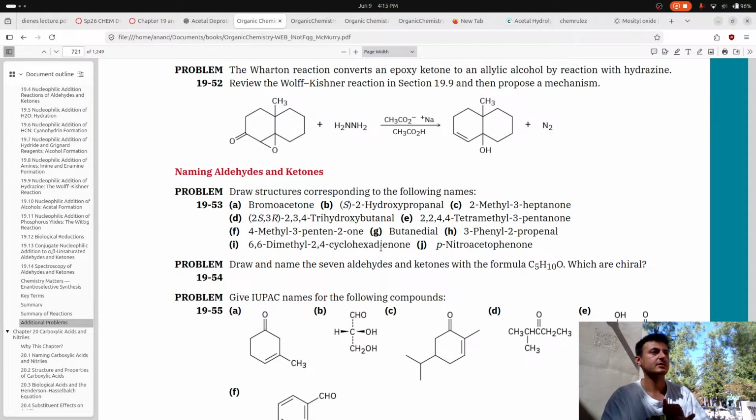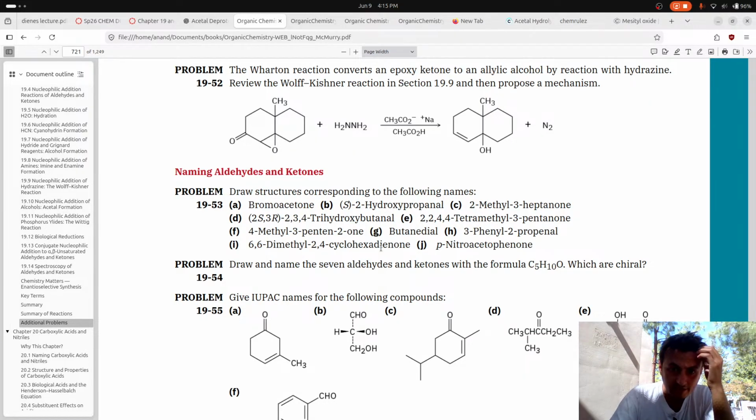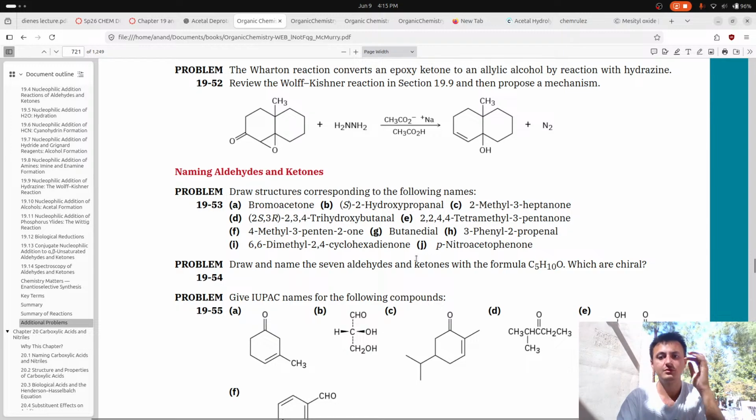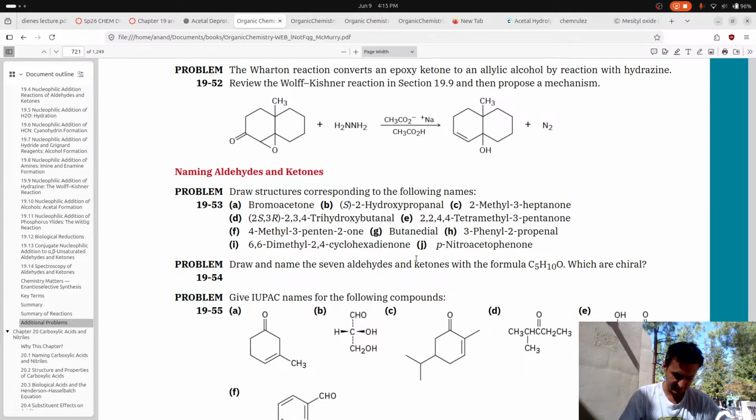Gotta hurry it up. Okay, 6,6-dimethyl-2,4-cyclohexadienone. Whoa. Okay, so let's draw the cyclohexane. Then 2,4, so let's just call this 1. So 2, 3, 4. Okay, we got the methyl here. 1, 2, 3, 4 methyl. 5, 6 dimethyl.